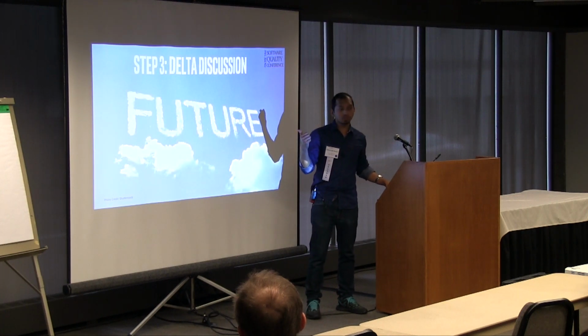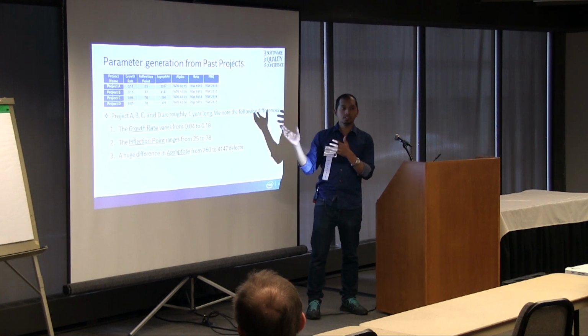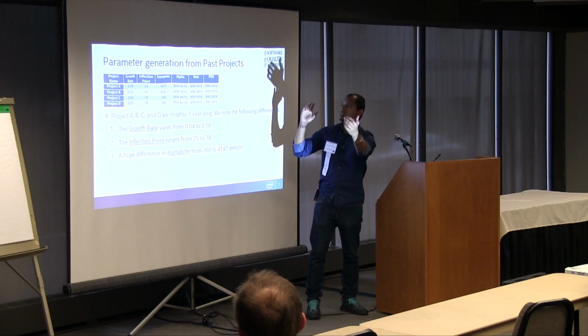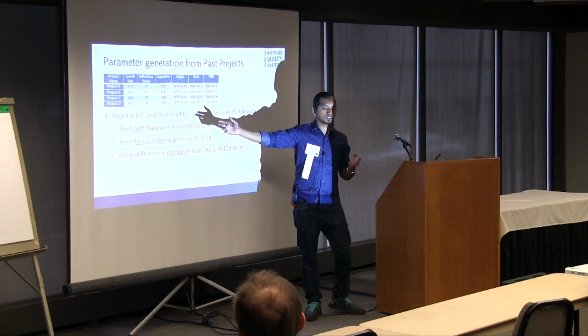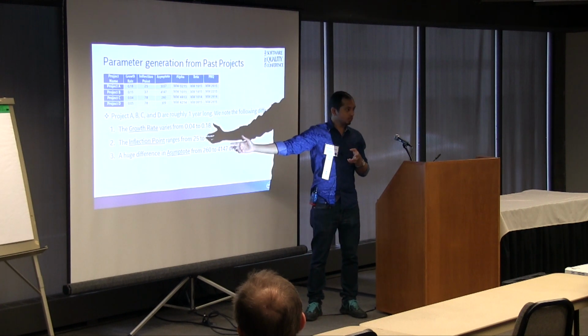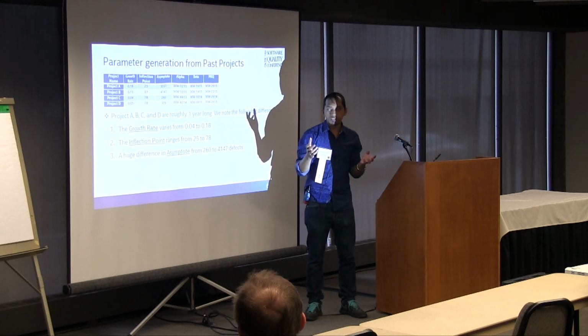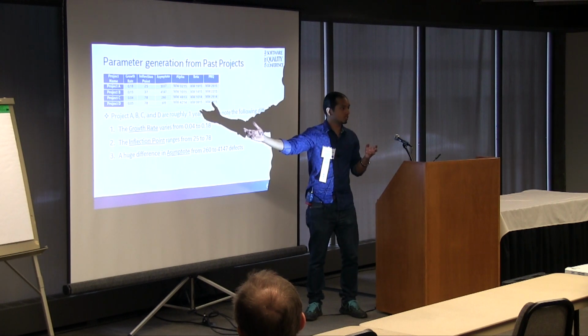That leads us to step 3, which is the delta discussion. Here I'm showing you an example of how we are doing it. The only cue that I'm giving you is 4 projects which were 1 year long, with the growth rates, inflection points and asymptotes.